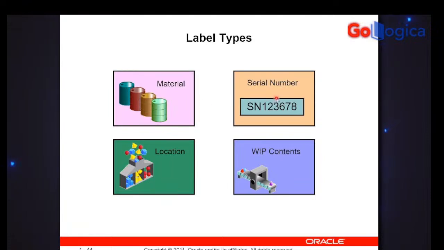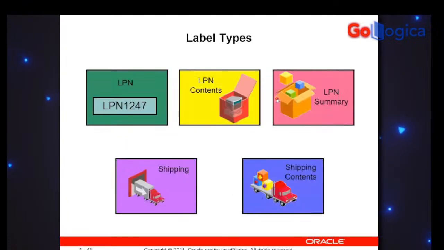Similarly, the serial number type has fields specific to serial numbers. Likewise, you have LPN contents, LPN summary, shipping contents. Based on your business needs, you can check which label type you want to use, and that can be configured against a business flow.